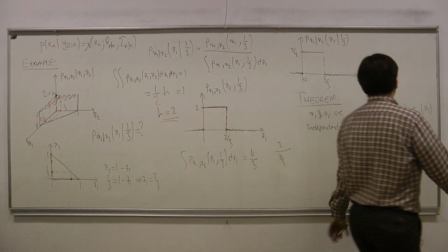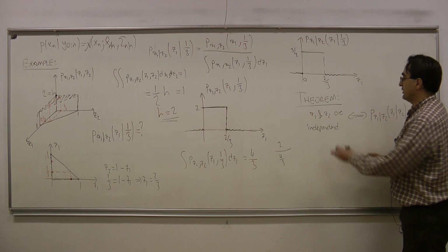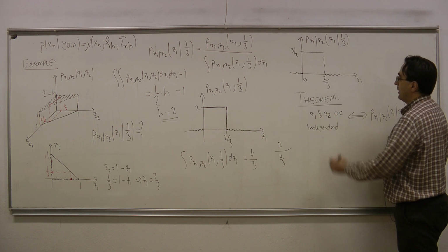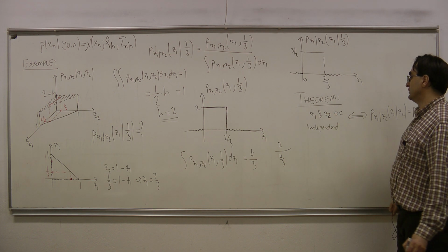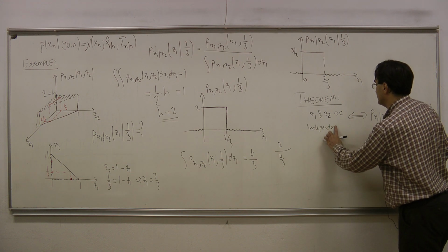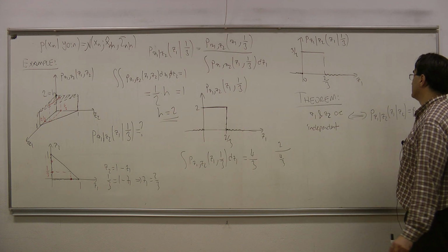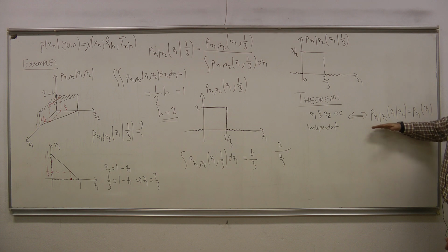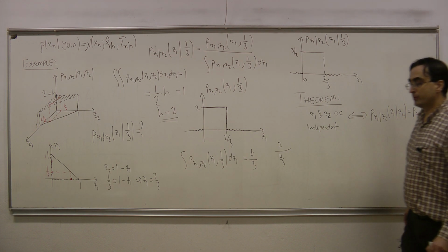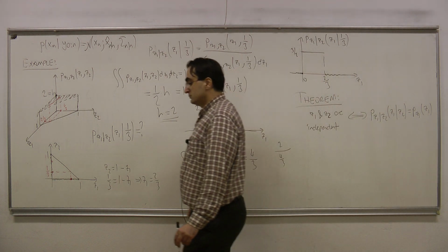So you see something interesting: if Z1 and Z2 are independent random vectors, then the conditional distribution of Z1 given Z2 is equal to the marginal distribution of Z1.